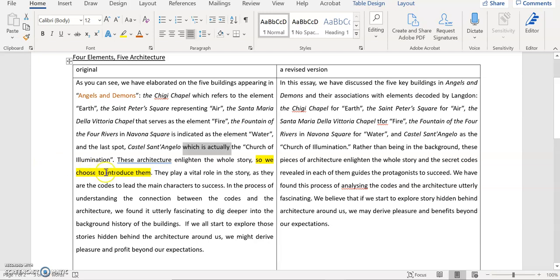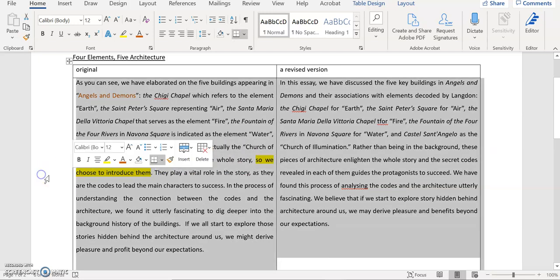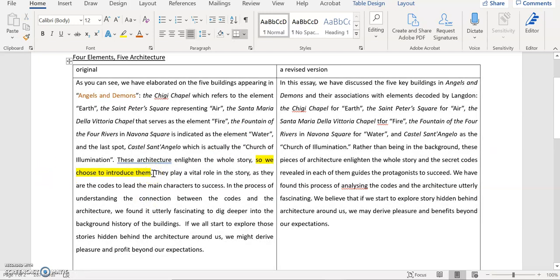So you might like to think about how you can ensure the parallelism in the presentation of a list of items. And then you say these architecture, generally speaking, is uncountable. So you might like to say these pieces of architecture enlighten the whole story. So we choose to introduce them. I don't see any grammatical issues here, but the problem with this "so we choose to introduce them" is the function or the role of it.